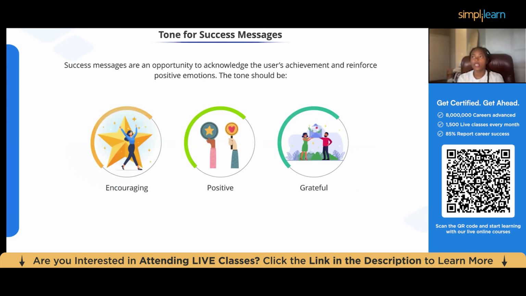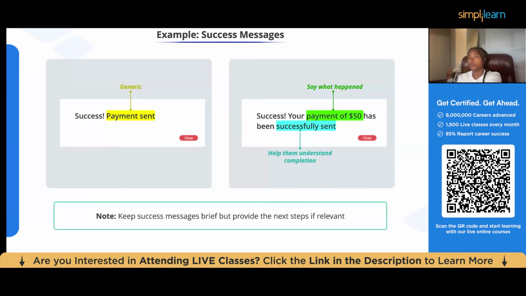Then tone for success messages. Success messages are an opportunity to acknowledge the user's achievement and reinforce positive emotions. This tone should be encouraging, positive, and grateful. Some examples of success messages are generic.